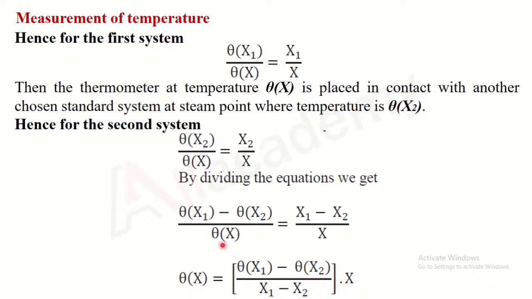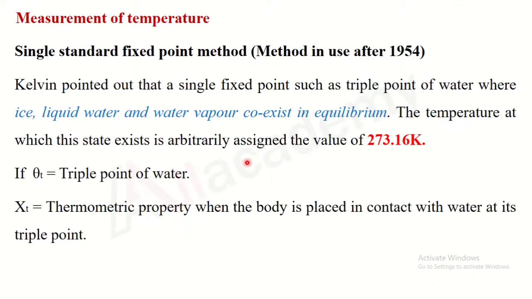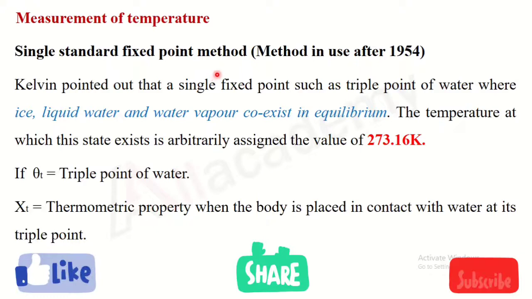So this is the equation used to identify the unknown temperature before 1954, by using two standard fixed points.